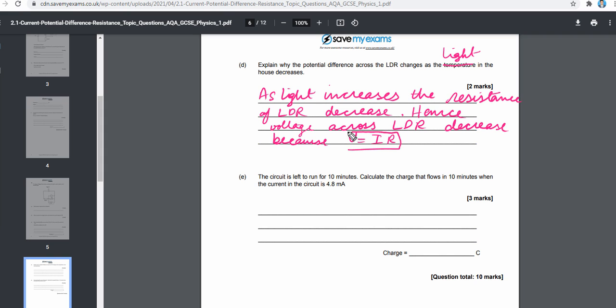So as the resistance decreases, the voltage should decrease by Ohm's law. Okay, so this is not temperature, this is light, because LDR is a light dependent resistor, it's not a temperature dependent resistor, we have discussed before.